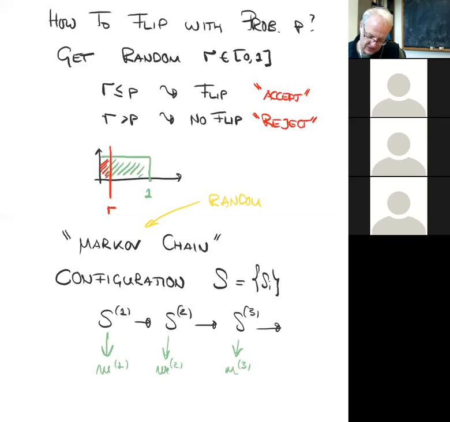So the whole idea of Markov chain Monte Carlo is that the mean magnetization of my statistical mechanics model is just 1 over the number of configurations that you produced times a sum over all configurations of this M alpha.